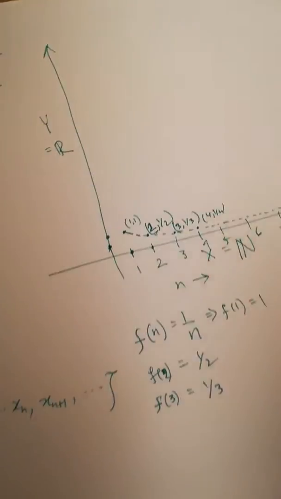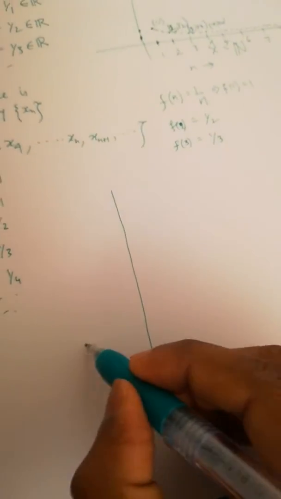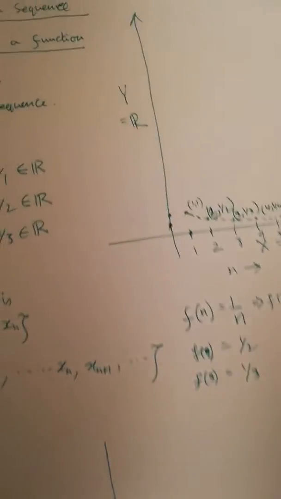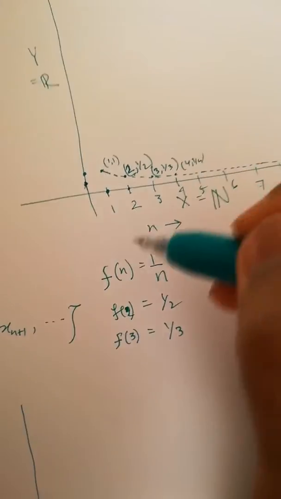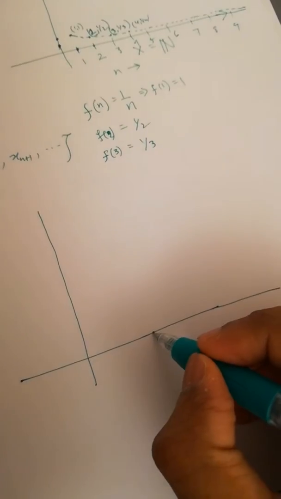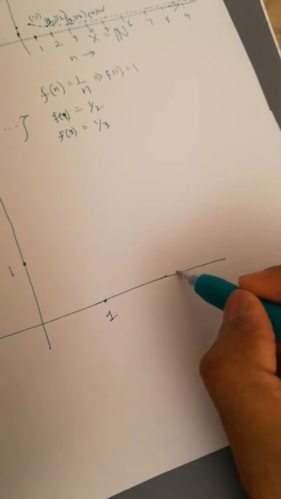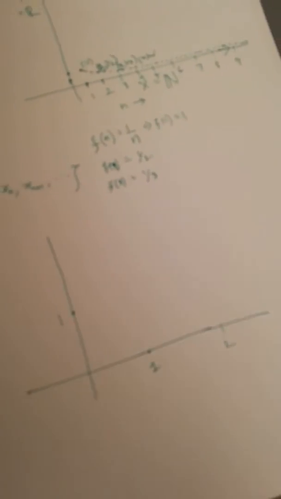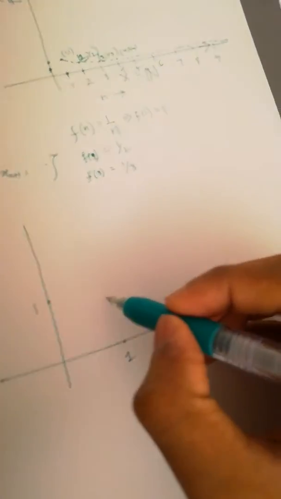Right? So in general, if I draw in a bigger picture, sorry about this, I have drawn one unit and one unit in a small manner, but suppose I draw in a bigger manner. Suppose this is 1, and this point will be 2. Basically what I want to stress is that the curve will be like this.